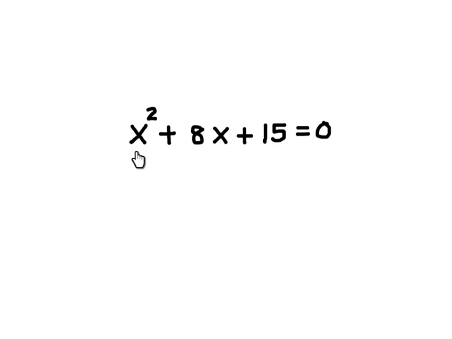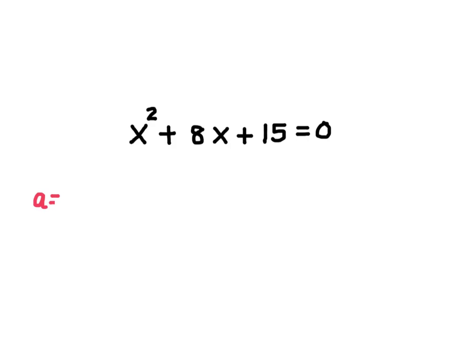Here we have a sample problem. This is a quadratic trinomial, and it's set equal to 0. We want to find out which values of x would solve this equation such that the left-hand side is equal to 0, which is what the right-hand side is equal to. What we want to do is factor this. Let's take a look at a, b, and c first.